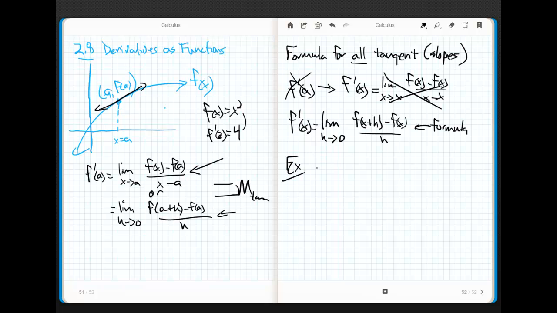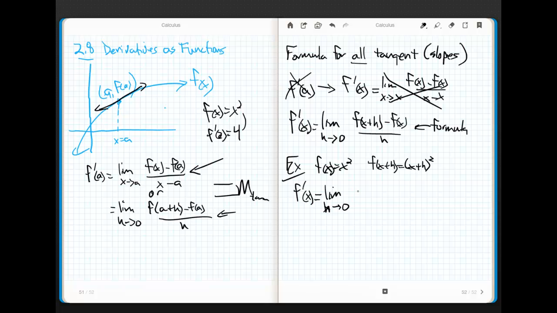Now, let's do an example. Let's do it for f of x equals x squared, since we've already played with that a little bit. If I want f primed of x, then let's look at what happens. It's going to be the limit as h, not x, as h approaches 0 of, now f of x plus h, well, f of x is x squared, so f of x plus h is going to be x plus h squared, right?